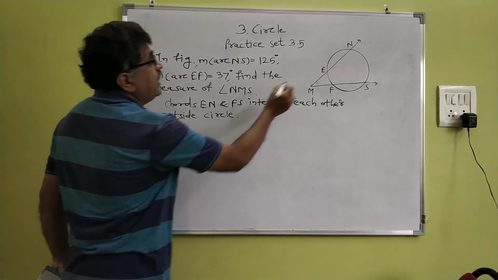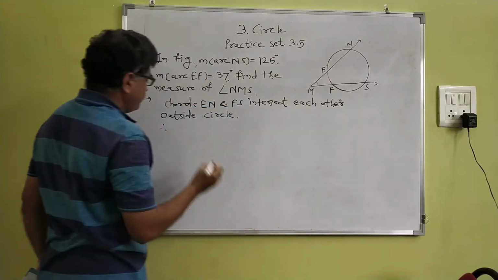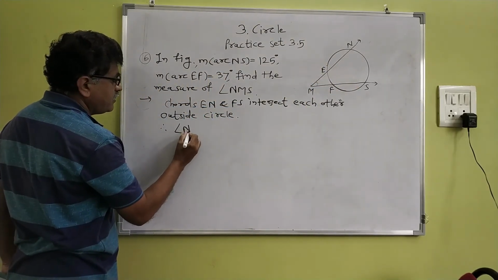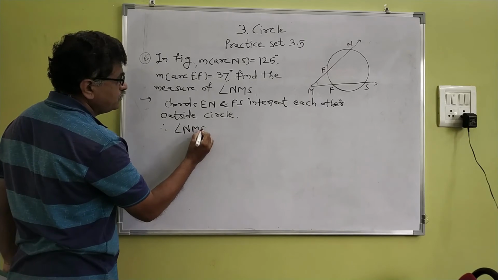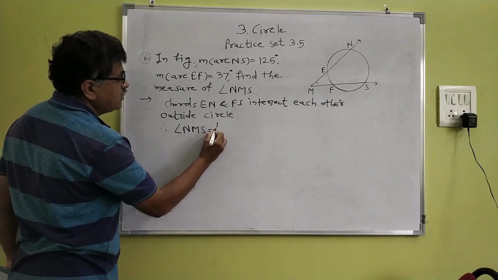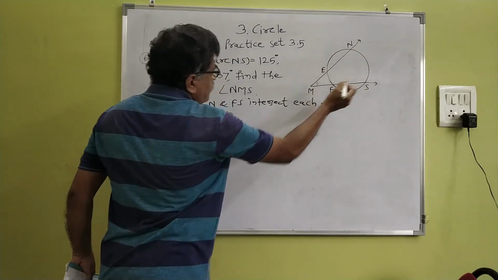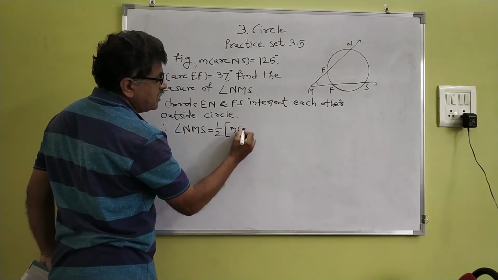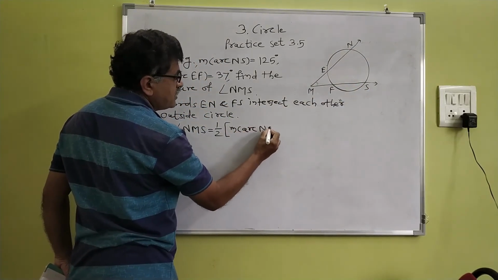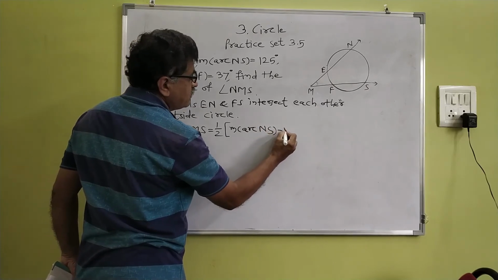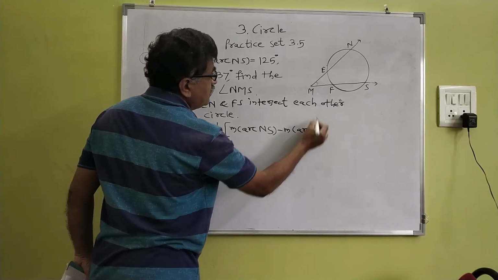Therefore, angle NMS is equal to 1 upon 2 into bracket measure of arc NES minus measure of arc EF.